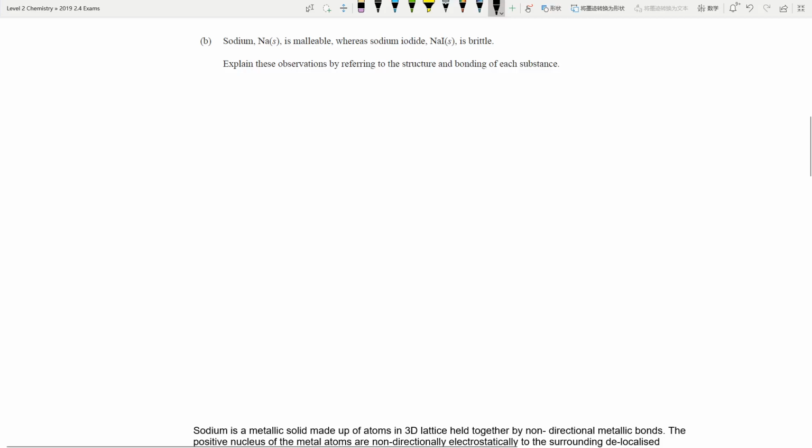So sodium is malleable, whereas sodium iodide is brittle. One thing I tend to tell my students is don't just be happy if you can do one passing exam paper, aim to do at least three, because for this particular exam paper, the giant covalent network is not covered, the melting point difference is not covered, the electrical conductivity is not covered, but they are very popular questions that do come up quite frequently, just didn't come up last year.